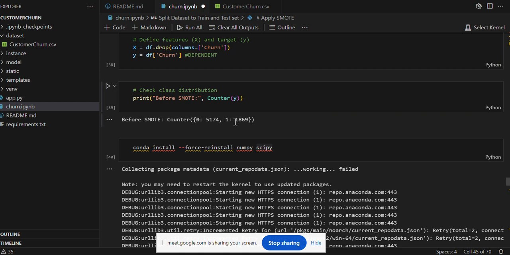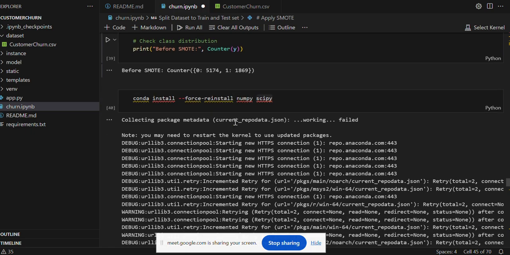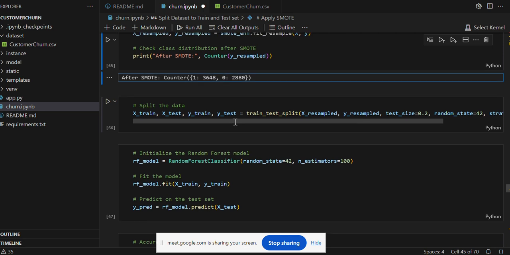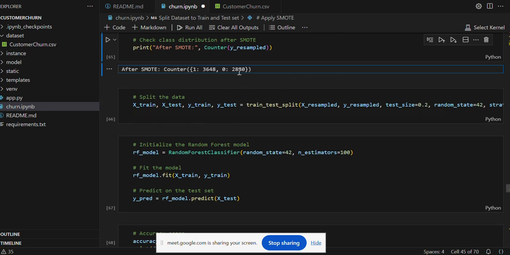Instead of augmenting the class of 1 to equal 5,174, what it does now is bring them close to balance, instead of incrementing data anyhow. So here we now have 3,648 by reducing that other class and balancing this one to come close to it.